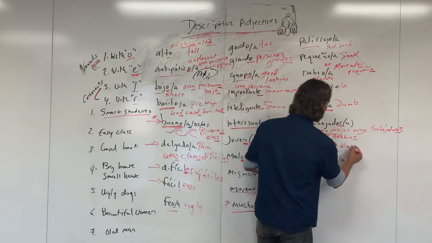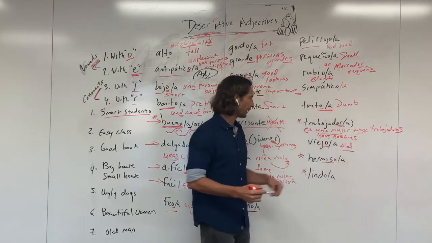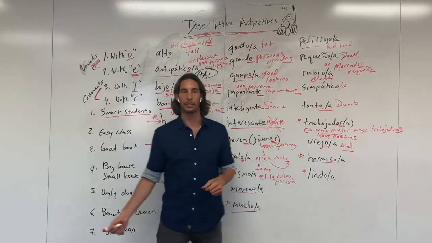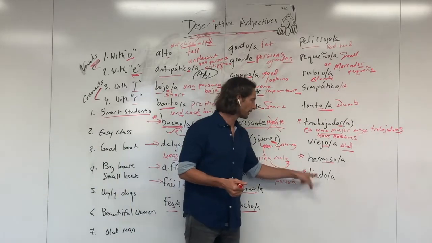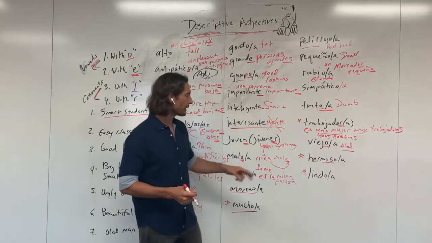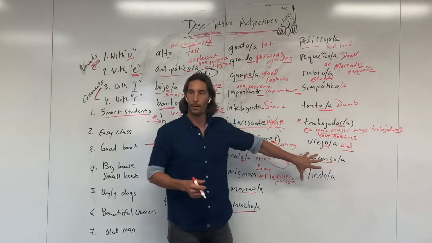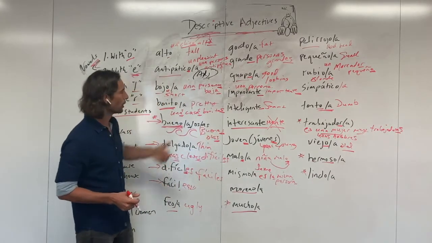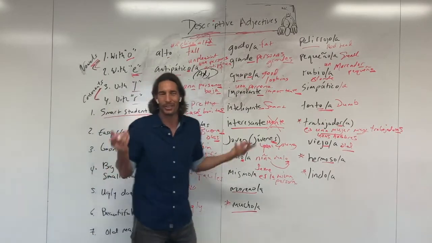Viejo means old. And then, there we go, we got number 7, the old man. So we'll talk about that. And then these last two, I want to include those because we had bonito and guapo over here, and so I said, why not?